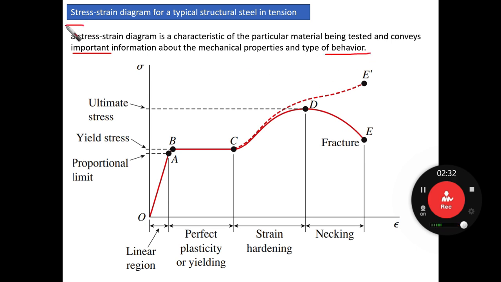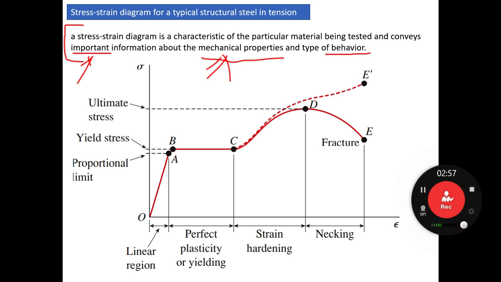This is the importance and significance of the stress-strain diagram. First of all, it conveys important information about the mechanical properties, because we have some mechanical properties for each material, and we want to understand them.